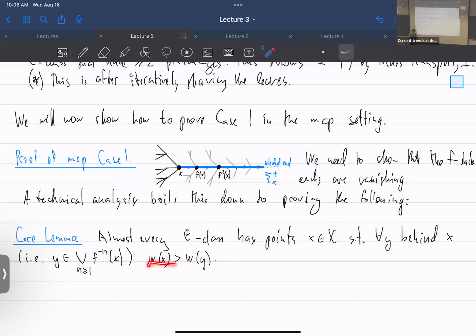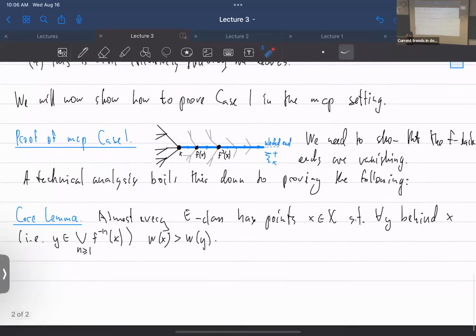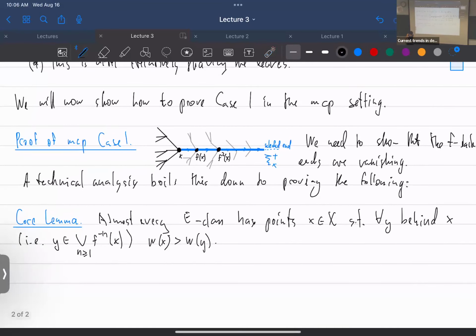That's why I really think of this as a weight function, and I recommend doing so. So this is what I want to prove, and we now prove the core lemma. Strictly greater, yes, that's what we end up proving.